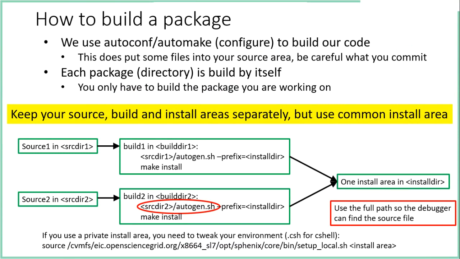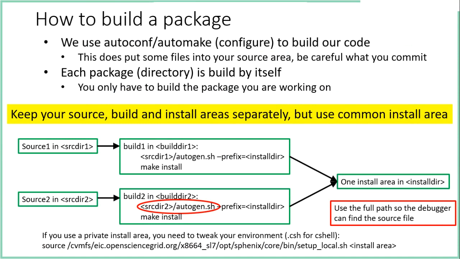You make a build directory, so you don't build inside the source directory, and then you use source autogen.sh, which is just a simple script which in the end runs configure with --prefix, then the installation directory where everything should go, and then you do a make install, and the stuff ends up in your installation directory. Second source you put into a separate build area for it. Autogen, make install. You want one install area only, if possible.